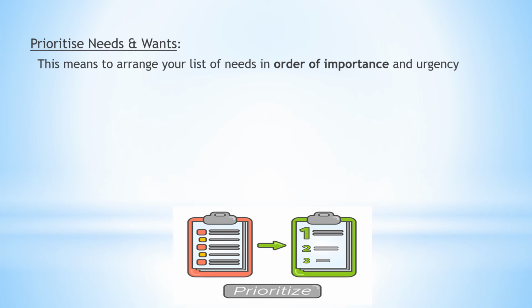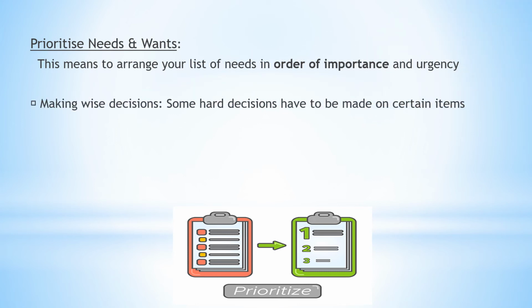Which one is important? Which one is urgent? And those that are not important, not urgent, have to go right down on the list, because sometimes we really want something, but it is not important.